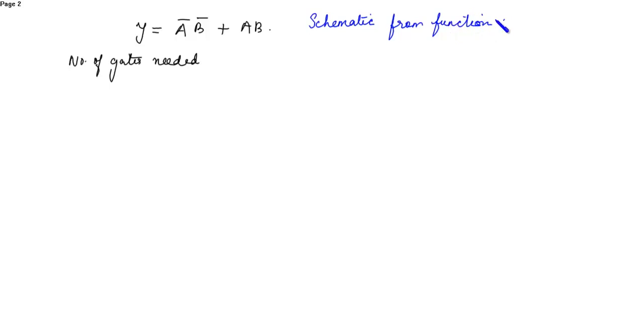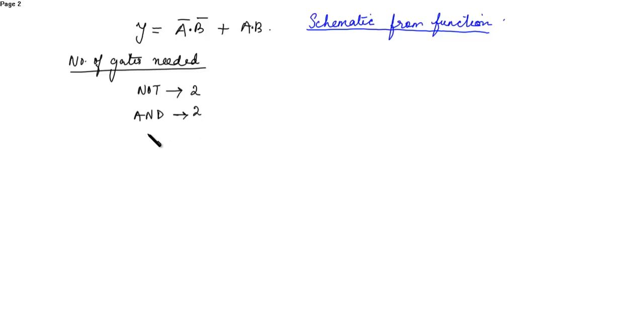Okay, if you try to draw the schematic keeping in mind the function, then the number of gates needed: NOT gate will be 2 for A bar and B bar. Then you need AND gate for A bar B bar and for AB, that is again 2.